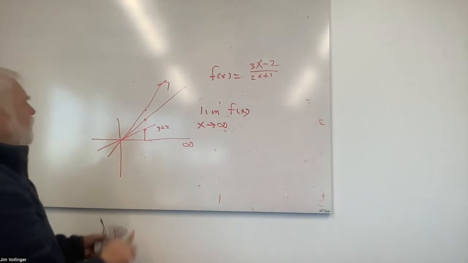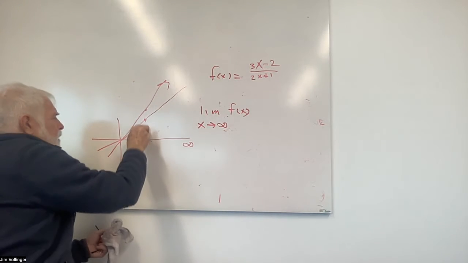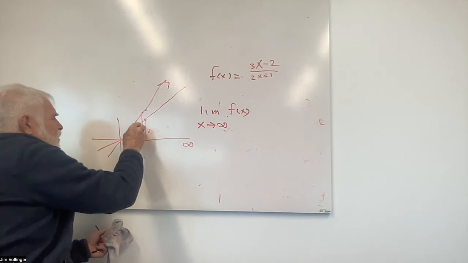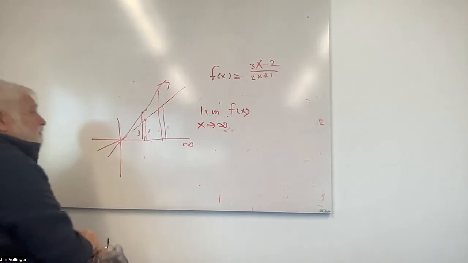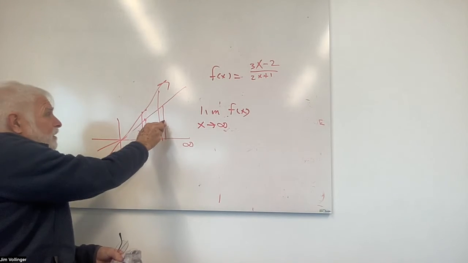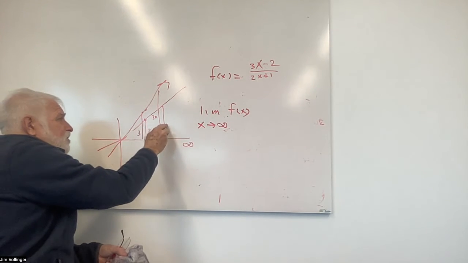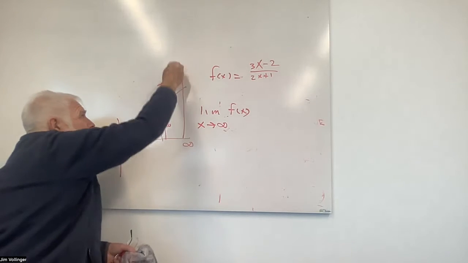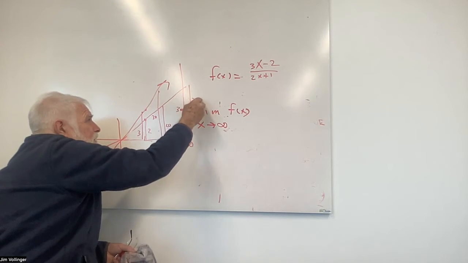What's going on? Well, let's get rid of y equals x now. That's 2 and that's 3, and it looks like the same ratio to me. Whatever this is, it's in a 3-to-2 ratio. Maybe that's 30, maybe that's 20. Maybe that's 300, maybe that's 200.